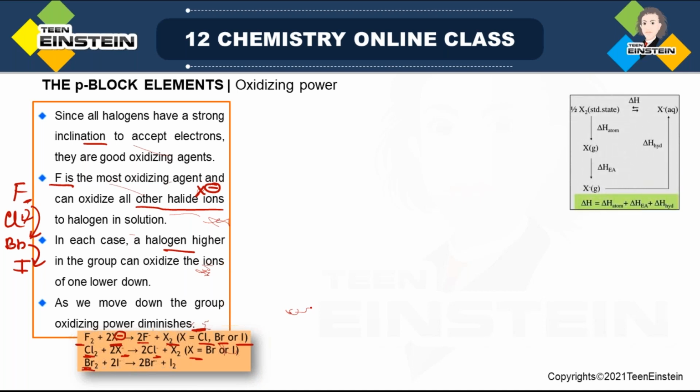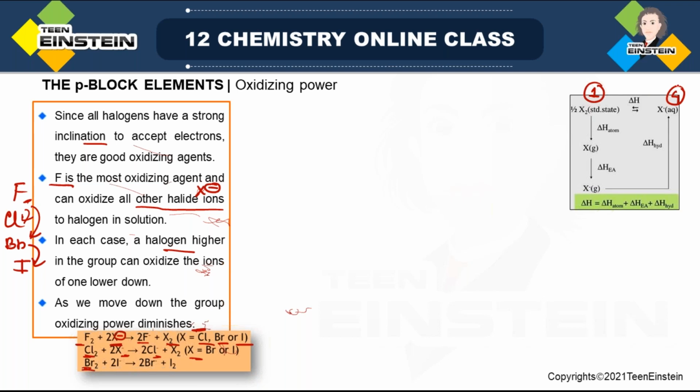Now why it is so, the explanation behind it, for that we have to consider this diagram. Oxidizing power is basically related to some other processes also. This diagram is based on Hess's law. According to this law, suppose you are at state 1 and you want to reach state 4.